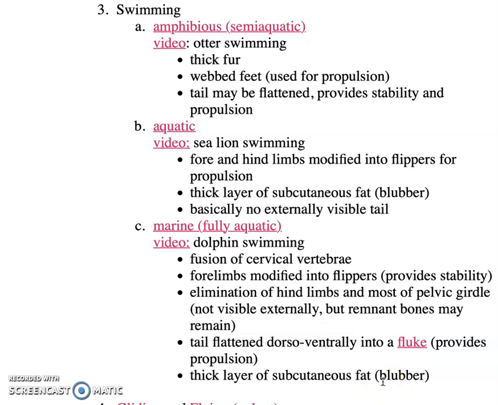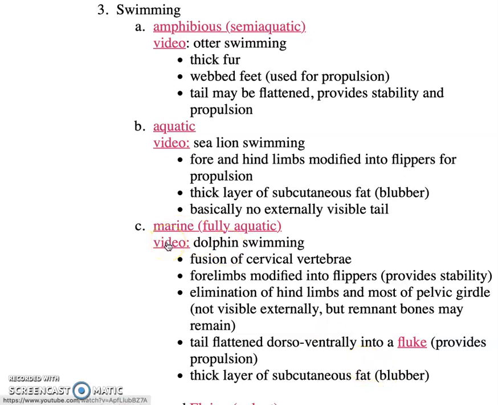It insulates them against heat loss to the water. It also makes them buoyant, and it also makes them a very advantageous shape for moving in the water without a lot of external bumps and things sticking out that cause turbulence in the water.